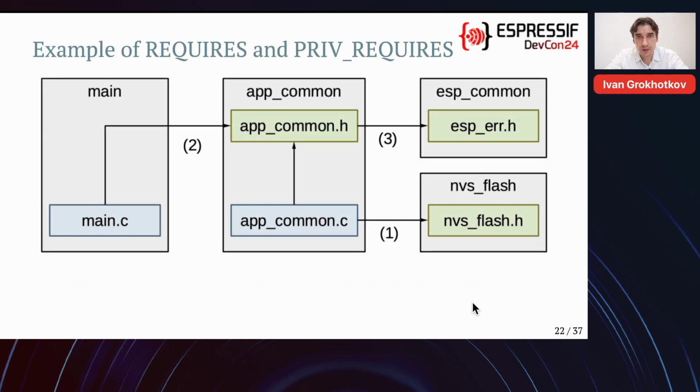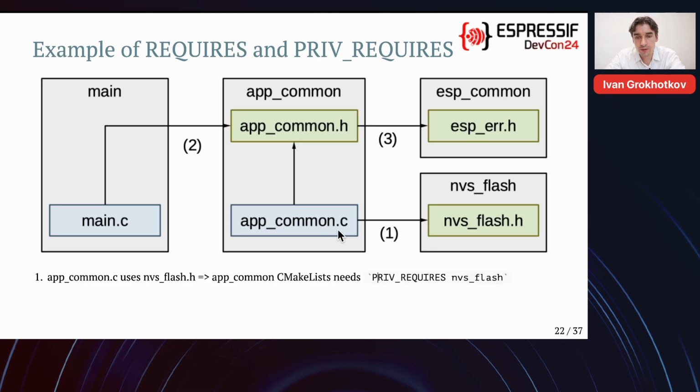Here is an example related to our previous situation, where we had the main component with main.c, the app_common component with app_common.h and app_common.c, and two other components, esp_common and nvs_flash. The requirement that we were missing was this one, number one: app_common.c uses a function defined in nvs_flash.h inside the nvs_flash component, and therefore app_common.c needs to have nvs_flash in its PRIV_REQUIRES list.